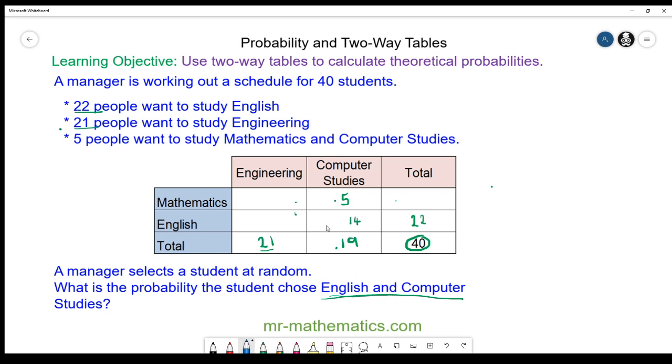But I will, just to help you. So 13 and 8, and that will be 18. We know it works because we can add all of these up and they do make the totals. So English and computer studies would be 14 out of 40. And I hope you all simplify this fraction by dividing both by 2 to get 7 over 20.